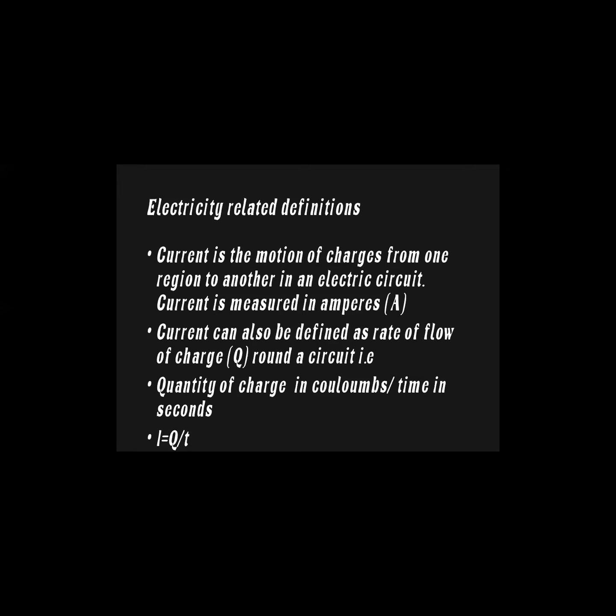It cannot change channel. So because we want our remotes to work, we get batteries. Batteries have stored charges in them. So when we put those batteries in the remote, those stored charges begin to pass charges. They transfer charges to those tiny wires, and on the chip, the buttons start working, the remote starts working. So current is the motion of charges from one region to another in an electric circuit.